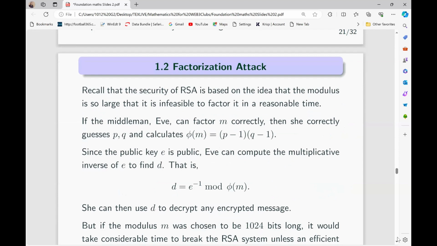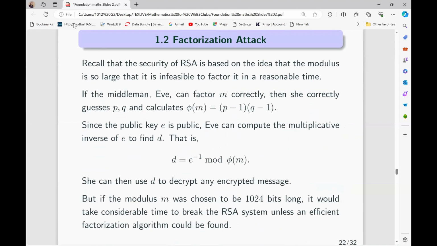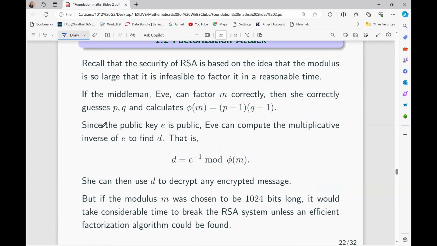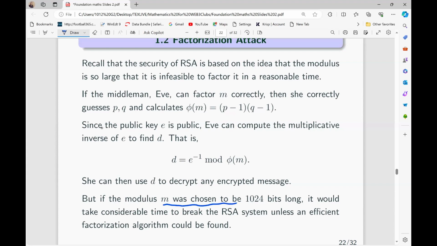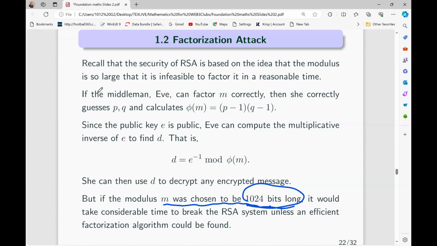There are several algorithms, but none of the known algorithms can factorize a bigger M. I've said that M should be chosen to prevent this factorization attack. To prevent this attack, M should be chosen to be 1024 bits long. So that should be a very big number. And so that means if you are to use a modern computer, it will take ages to factorize that M. If it's this long, it will not be easily factorized.